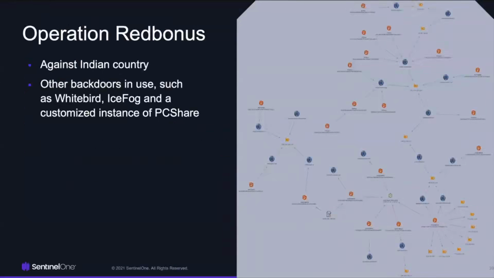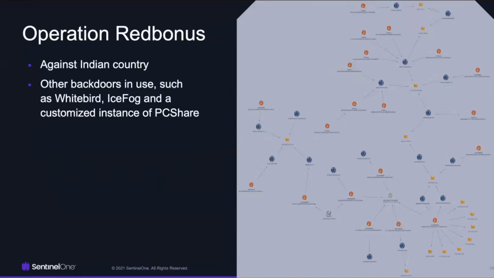Here is another cluster. We found a SHADOWPAD activity cluster which had no clear link to known threat groups. We also track this activity and named it Operation Red Bonus. The first activity of SHADOWPAD we discovered occurred at the end of 2019.